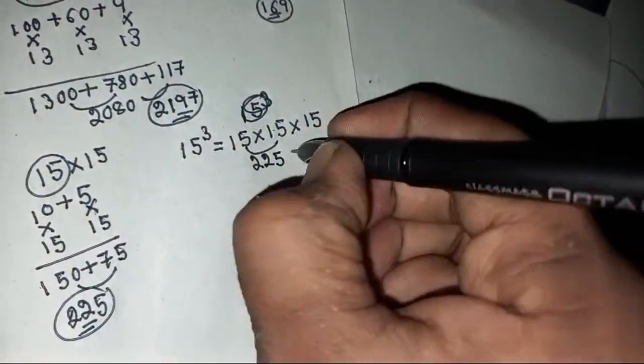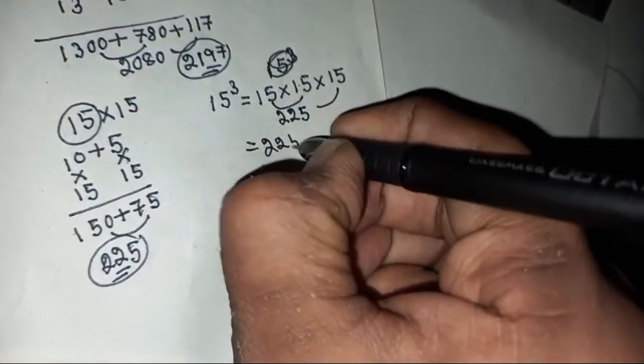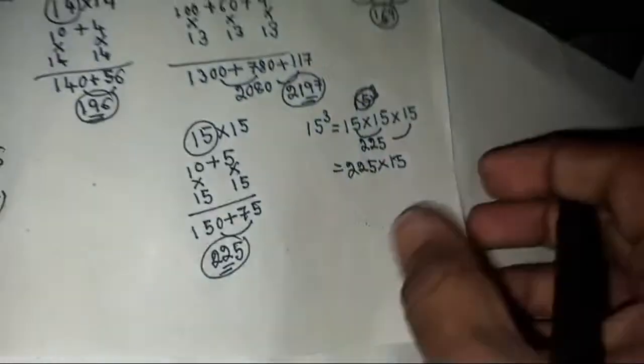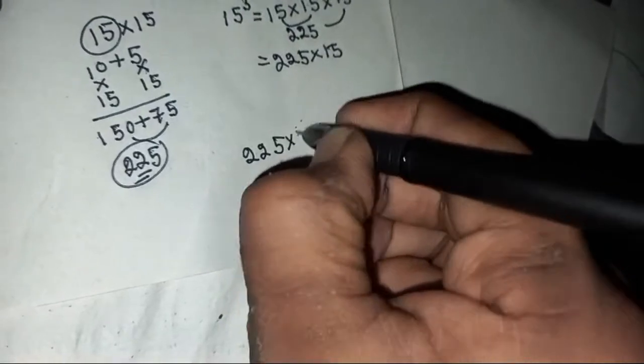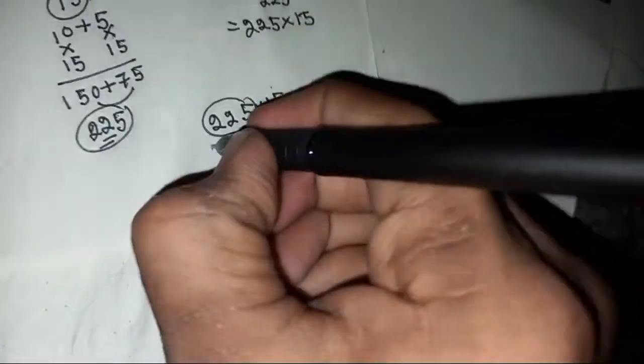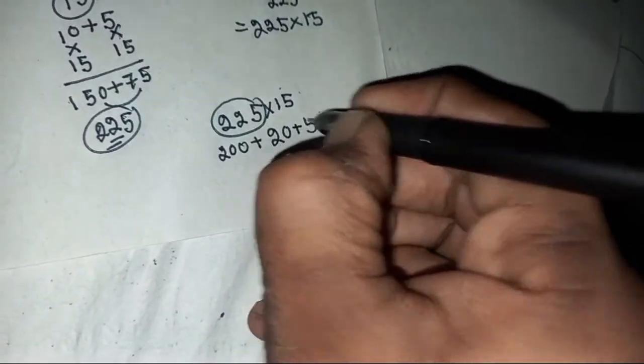It is 225 times of 15. Let's multiply again, 225 times of 15. Now split and write here 225 times of 15 as this one as 200 plus 20 plus 5.